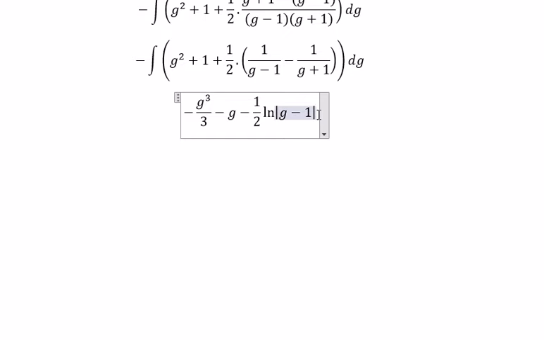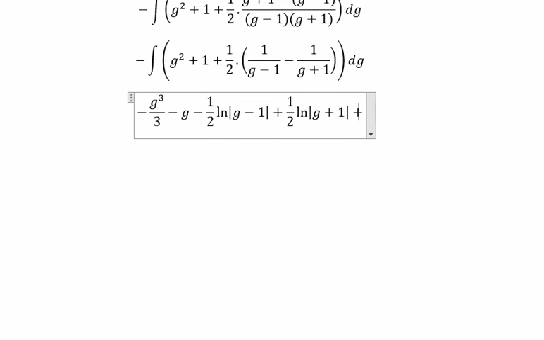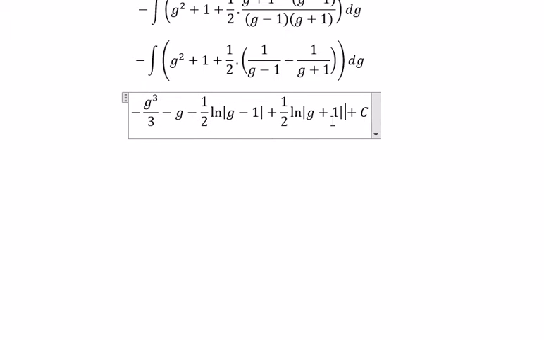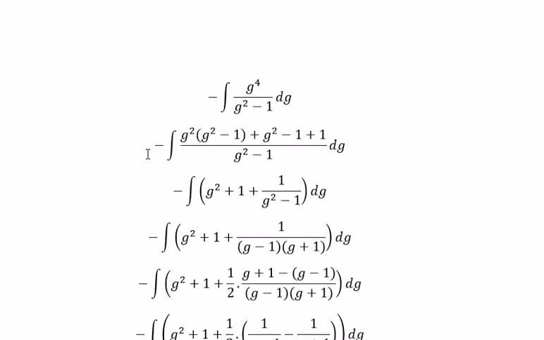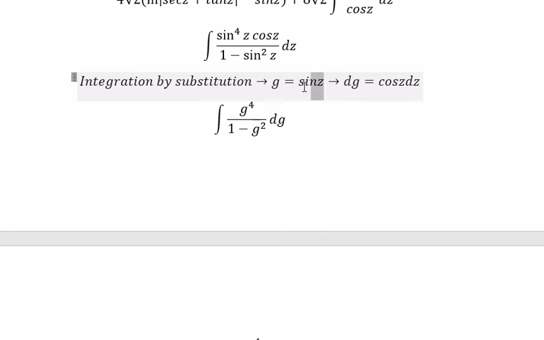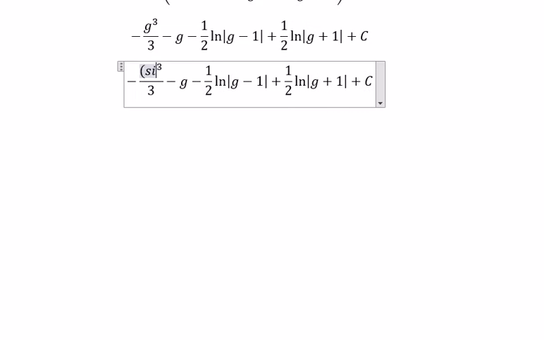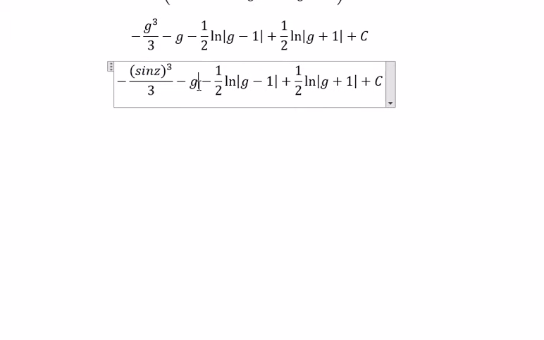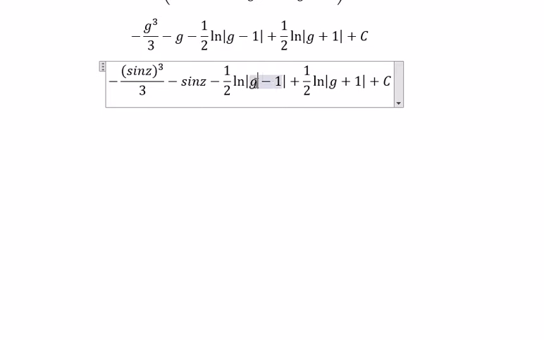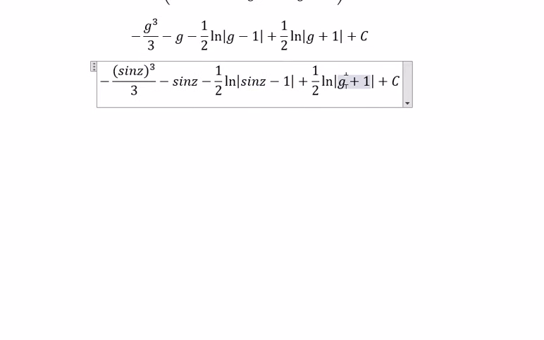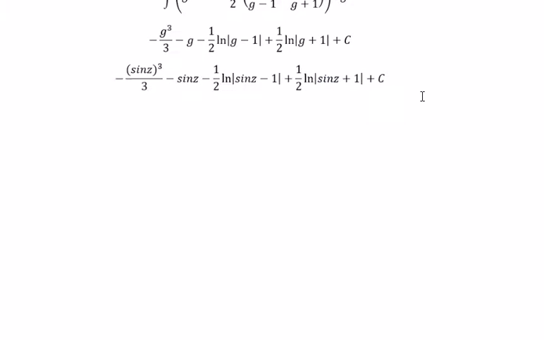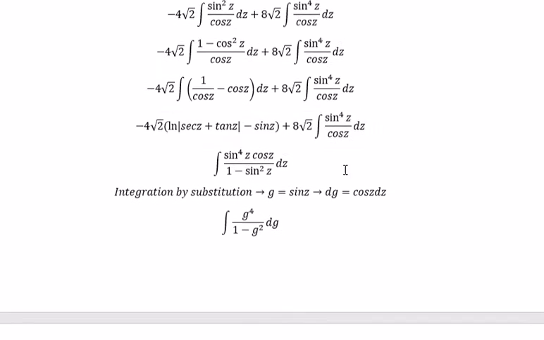This one you got the positive. About g, we need to change back for sine z. Now we need to compile the answer.